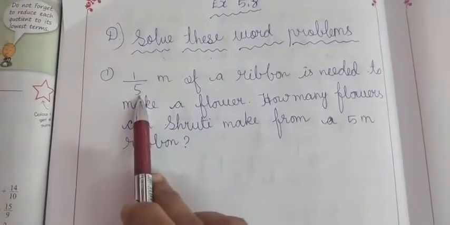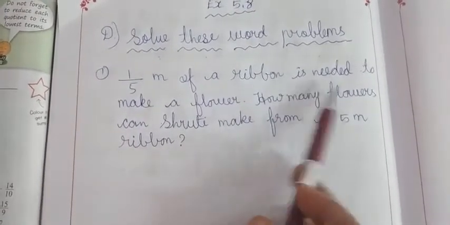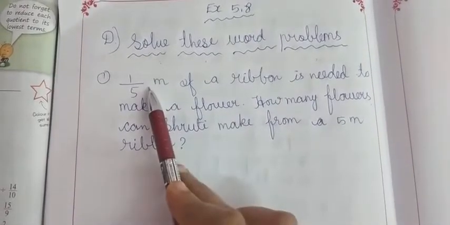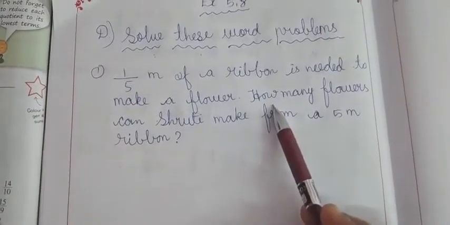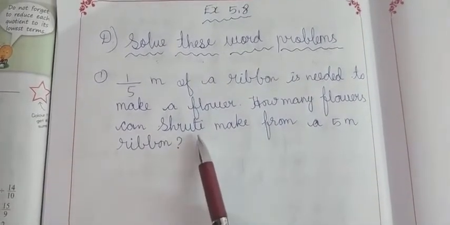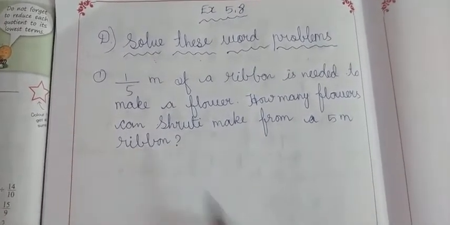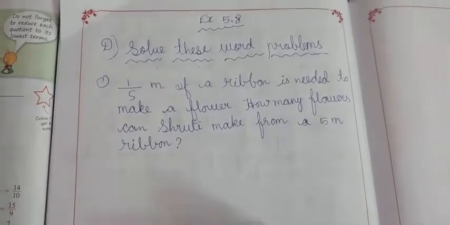Now read the sum along with me. 1 by 5 meter of a ribbon is needed to make a flower. To make a flower, how much meter of ribbon is needed? 1 by 5. Now we have to find out how many flowers can Srushti make from 5 meter ribbon. Got it? Now we are going to find out.